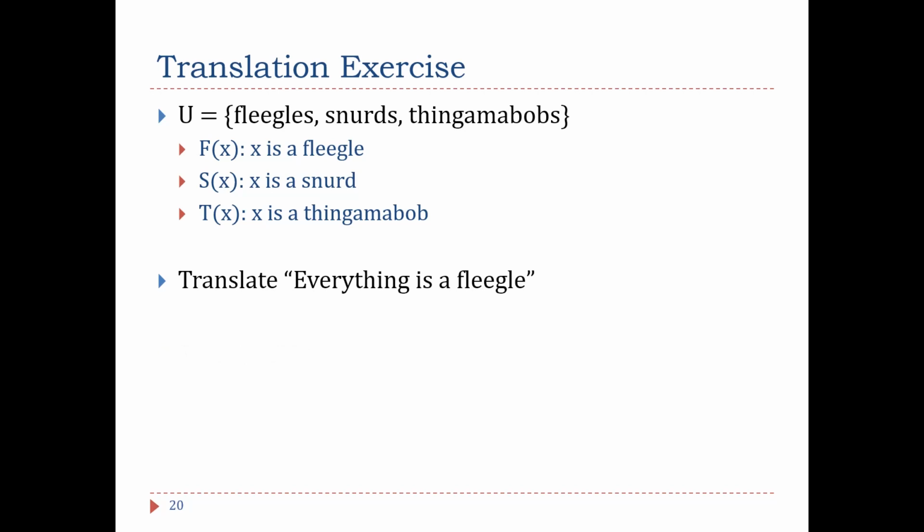So if I say that everything is a flegel, imagine that in our real life setting the word flegel means creature. So everything is a creature. For every x, f of x is true. Good. Nothing is a snurd. This is version number 1.